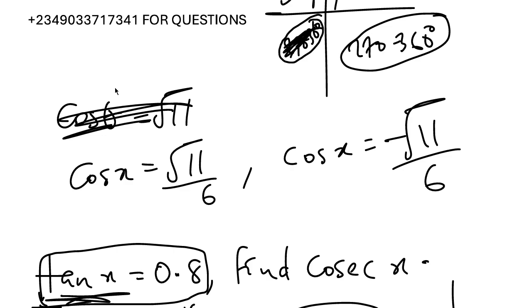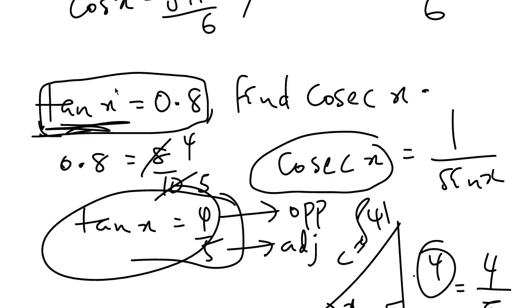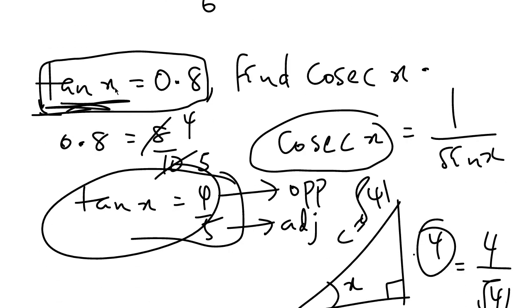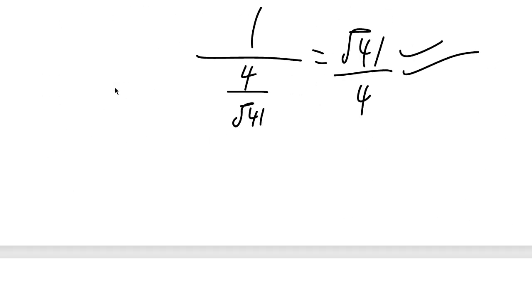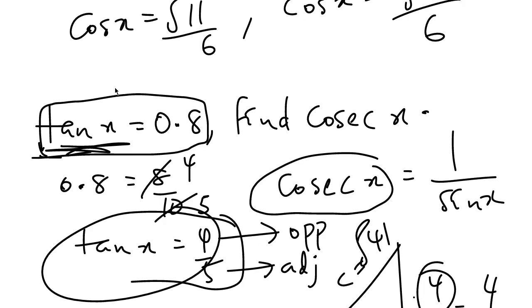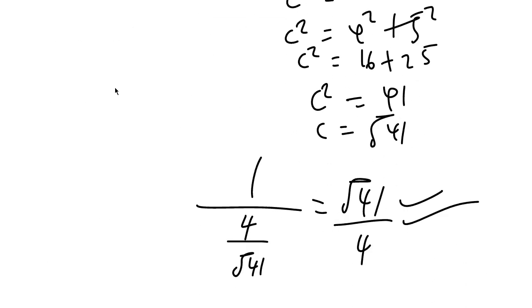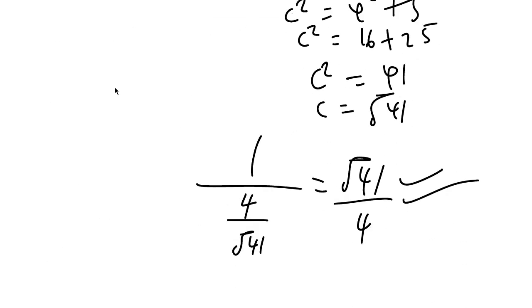Because 90 to 180 is obtuse, and 180 to 270 is where tan is positive. Do you understand? Okay, that's root 41 over 4. So assuming that x is acute, then cosec x is root 41 over 4.